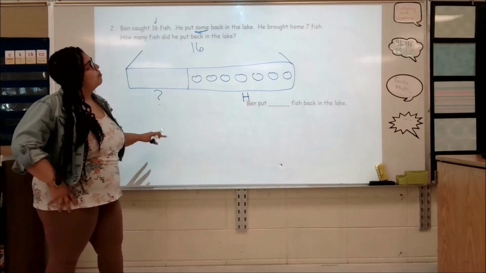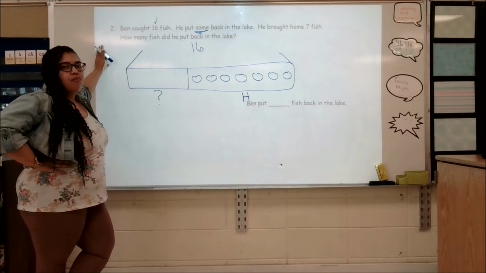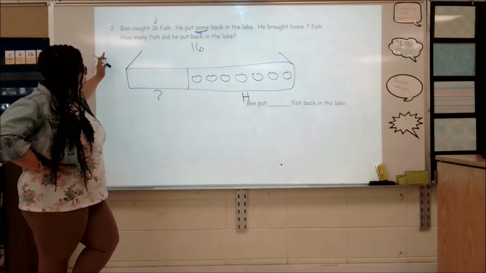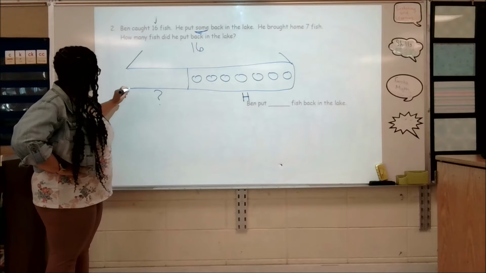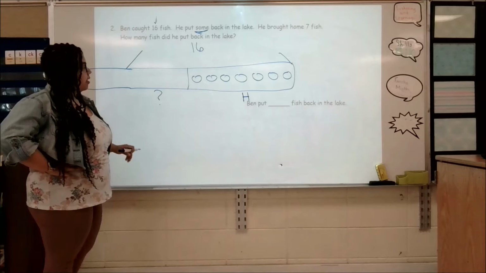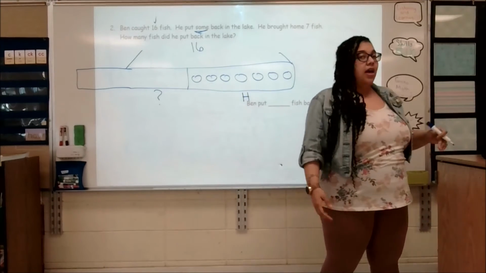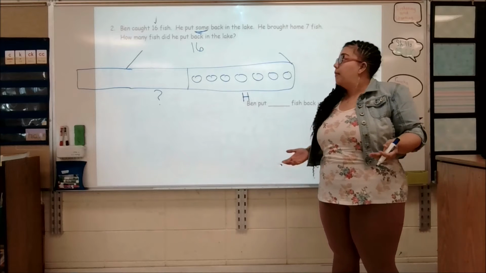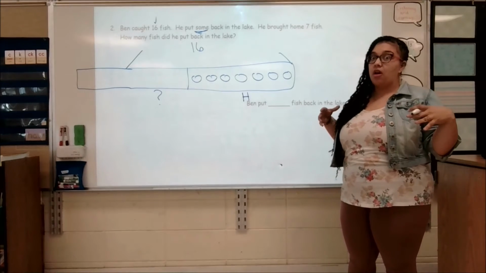Does this look like I'm going to have enough room to draw the rest of his fish? It does not. So what we're going to do is make this part of the box longer. Because we know that he brought home 7 fish, and we're trying to find out how many he put back in the lake. So what is the number sentence that matches this problem?